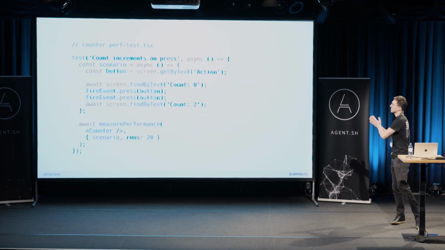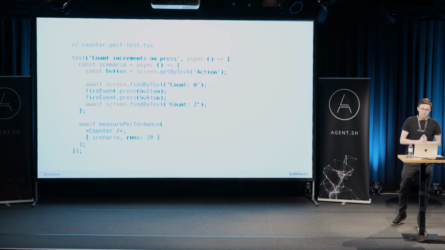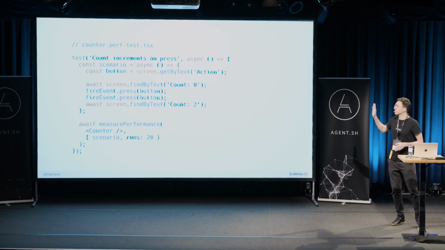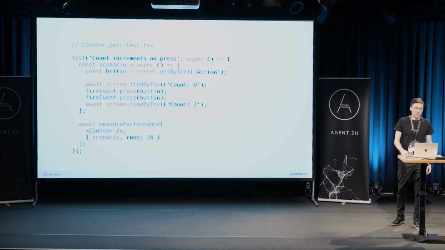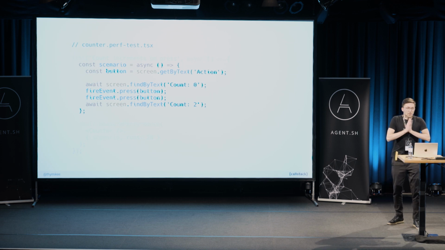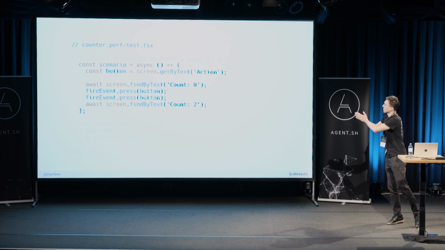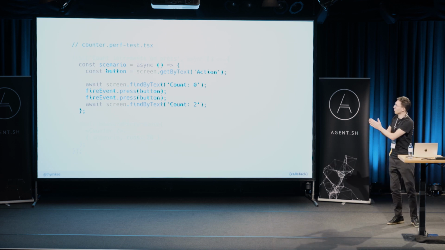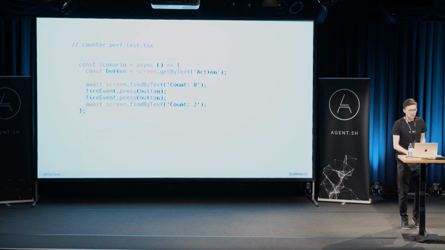And let's take a look at this example. We have a counter perf test TSX file, which is like a copy of our regular test. It's React testing library code inside a scenario function.